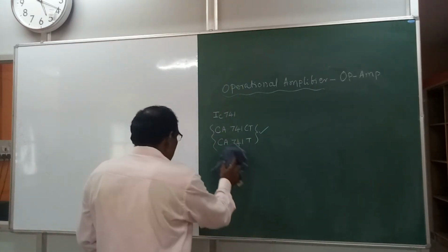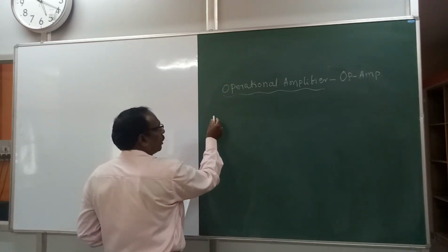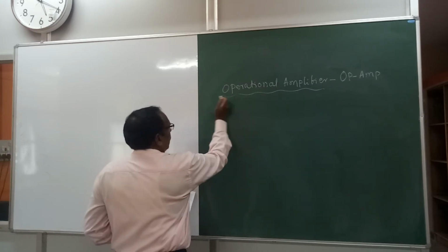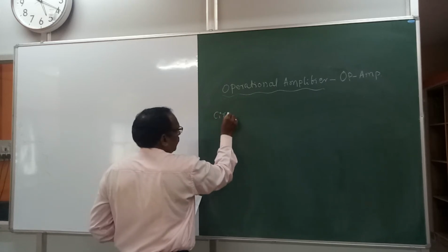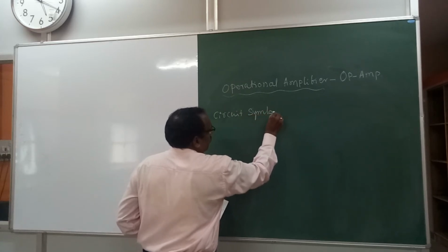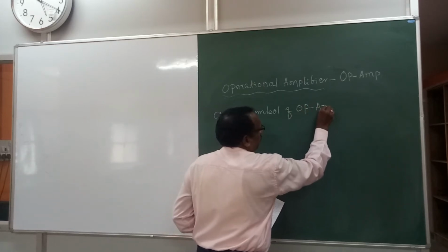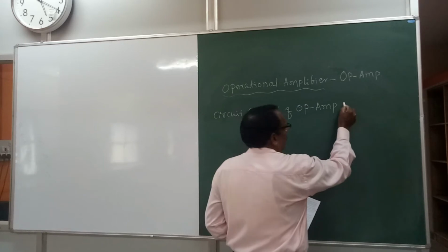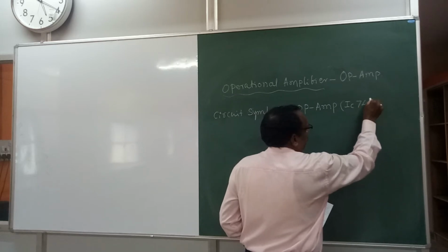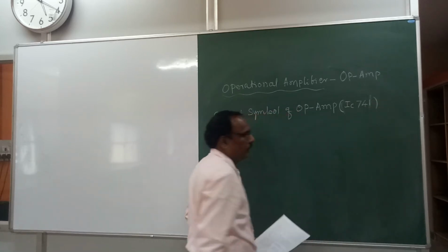So let us go to the circuit symbol of this IC. Circuit symbol of op-amp, say op-amp IC 741, or even the symbol for all types of ICs. Fine.